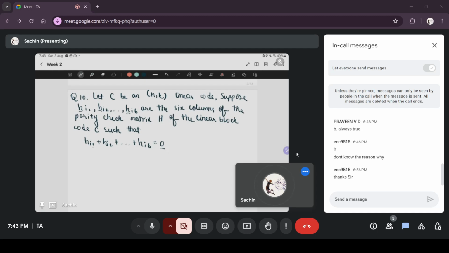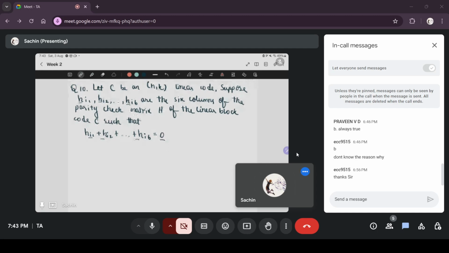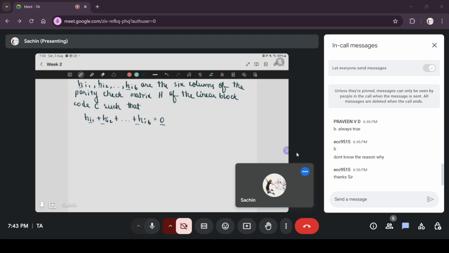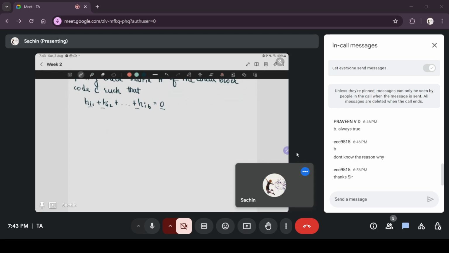These are all vectors. There exists a code word of Hamming weight dash in C for sure.